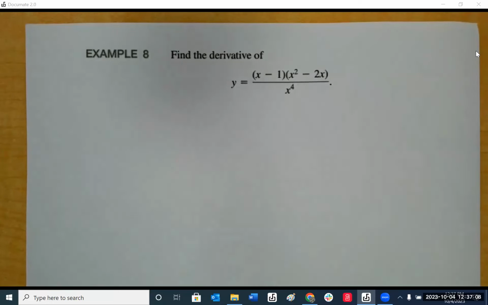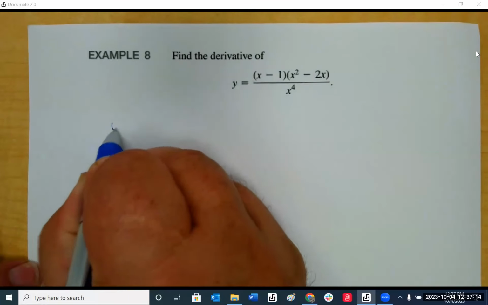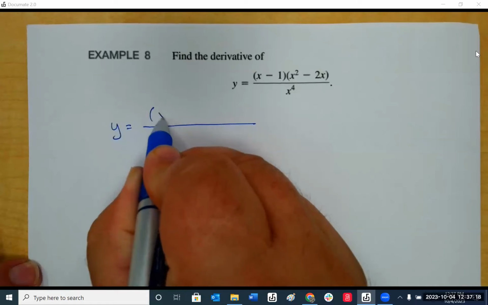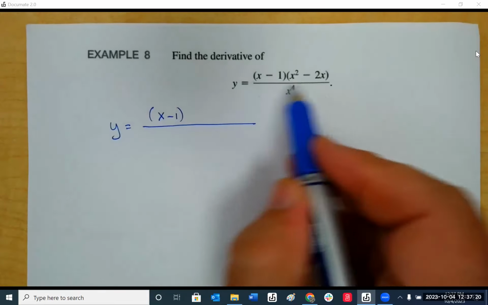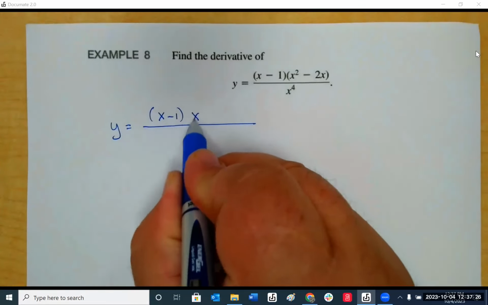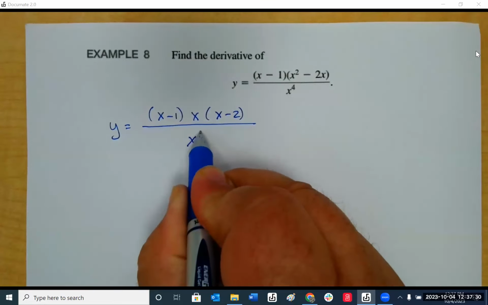Whenever you have a monomial and a function, it's much easier if we simplify it. So let's look at our function. X minus one. Can we do anything with the second one? Or well, you can factor out an X. Why is that going to be good?